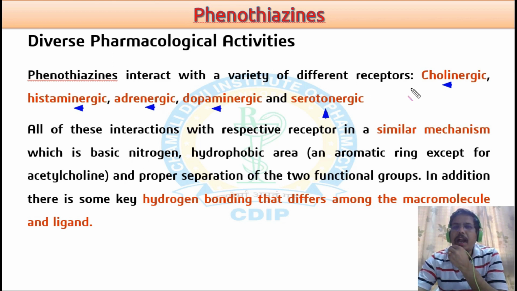So all of these receptors have an anionic site.